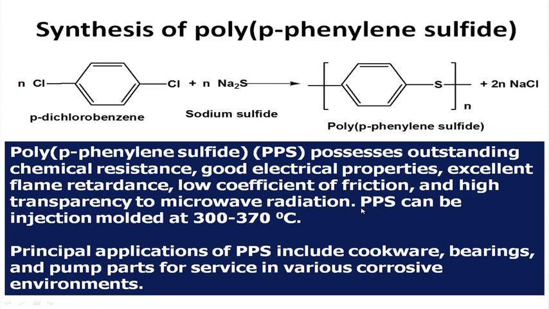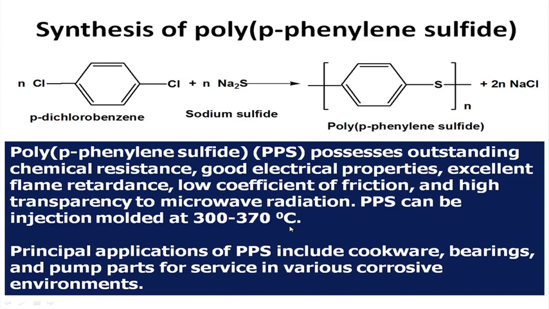So far as the processability or fabrication of this polymer is concerned, this polyphenylene sulphide can be melted at around 300 degrees Celsius temperature, and it can be injection molded in the range of 300 to 370 degrees Celsius.